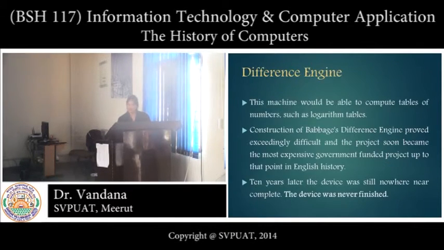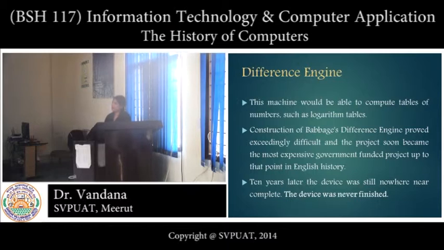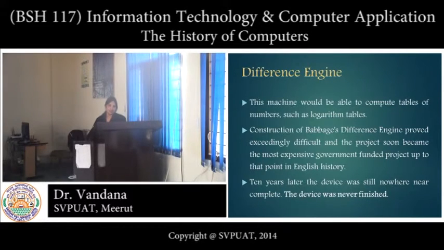In fact, it was a project financed by the government, but this machine couldn't be completed and the cost was so much that the government stopped funding this project and it was left in between. So it was never completed. Though the idea was that this machine could compute tables of numbers such as logarithm tables.